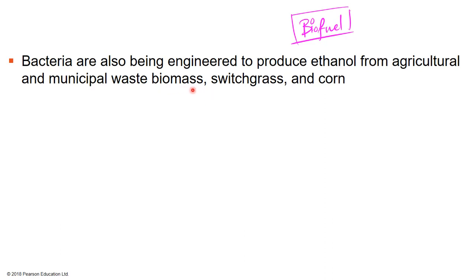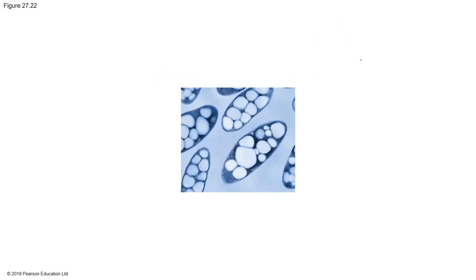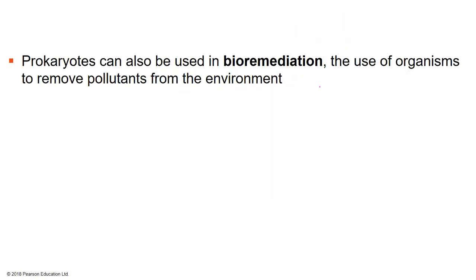Some types of bacteria can convert the agricultural waste and certain types of plants into ethanol, and this ethanol is used as biofuel, or as fuel or a source of energy. Simple. Okay?